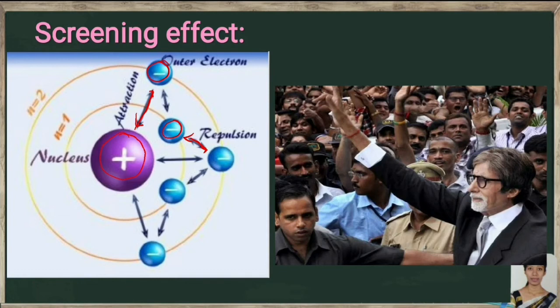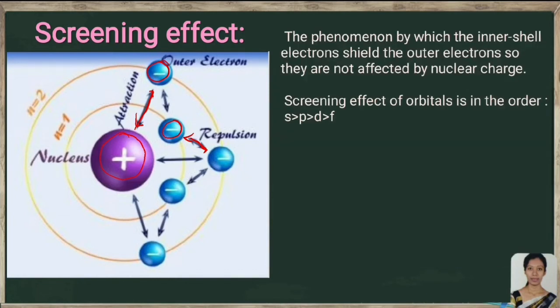This effect is known as the screening effect: the phenomenon in which the inner electrons shield the outer electrons so that they are not affected by the nuclear charge. As we know, the s orbital will shield more compared to the p orbital, because the s orbital will be the outer electron in the case of d block elements, that is 4s, 5s, 6s.